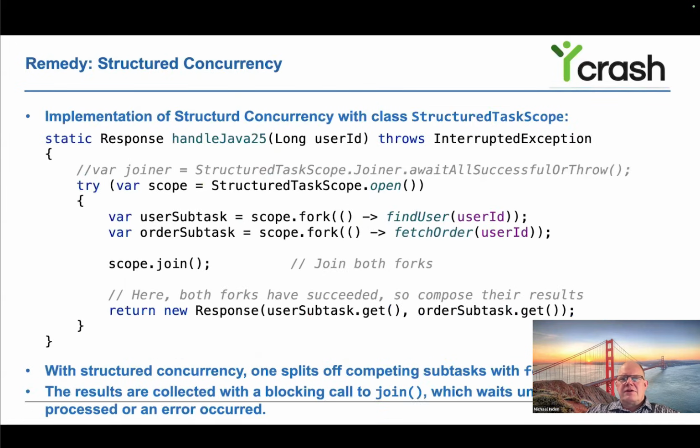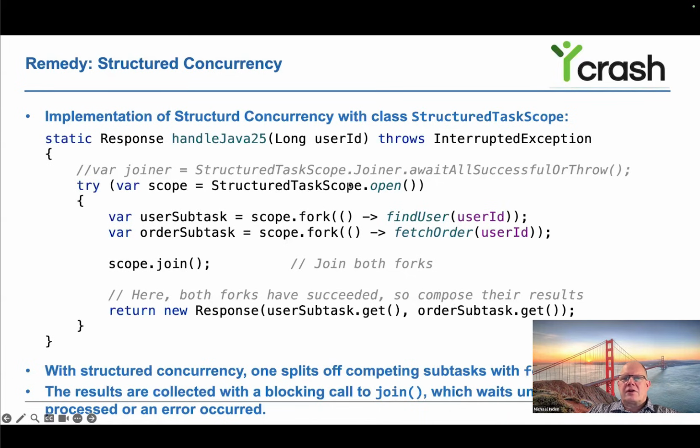And using structured concurrency, you get something which is called a structured task scope. What you get is, in your block of code created by the structured task scope, you are now sure that at the end of this block, no more thread is running.